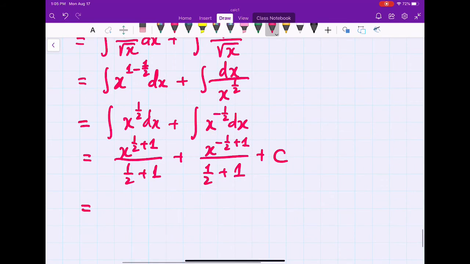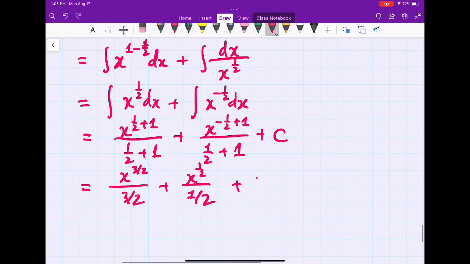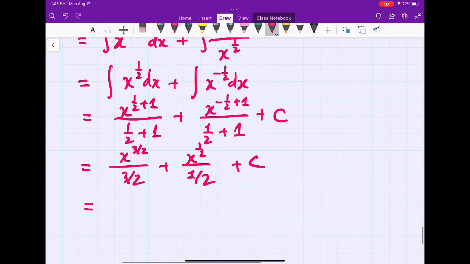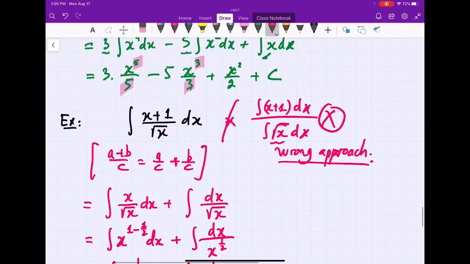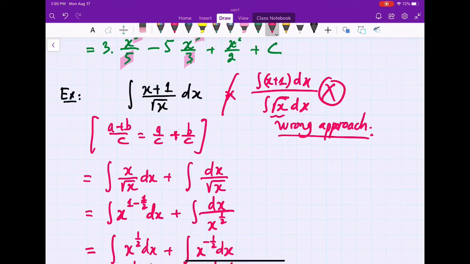So we simplify that, and we get 2/3 x to 3/2 plus 2 times x to 1/2 plus constant. So that is the antiderivative of the original function. You see, in this case we need to break the function into two functions.